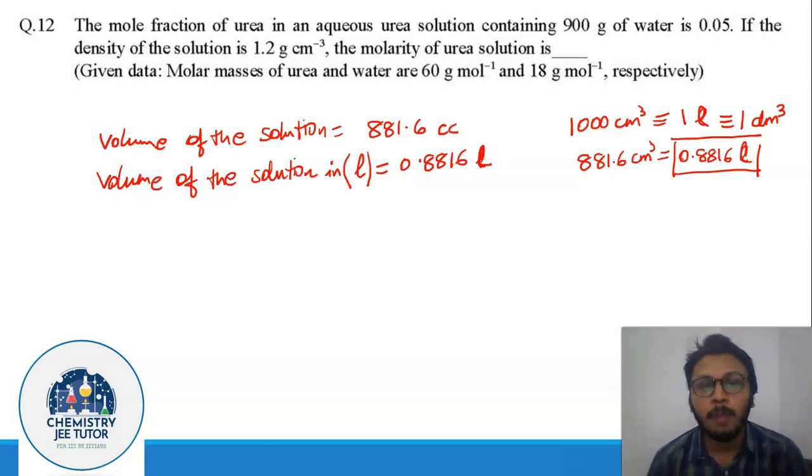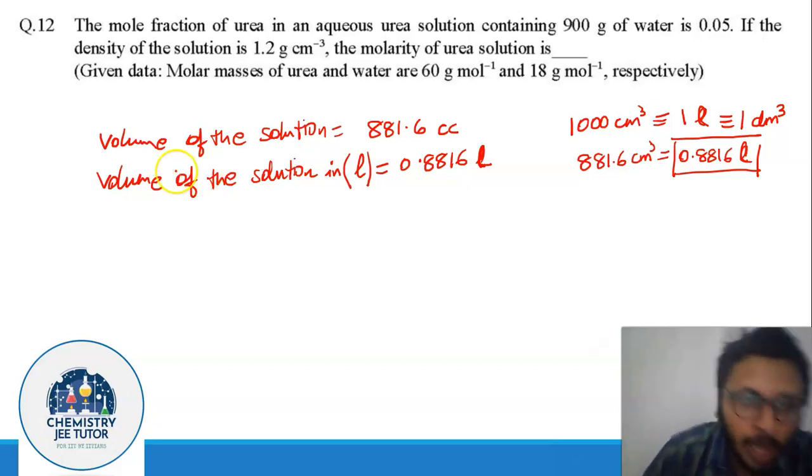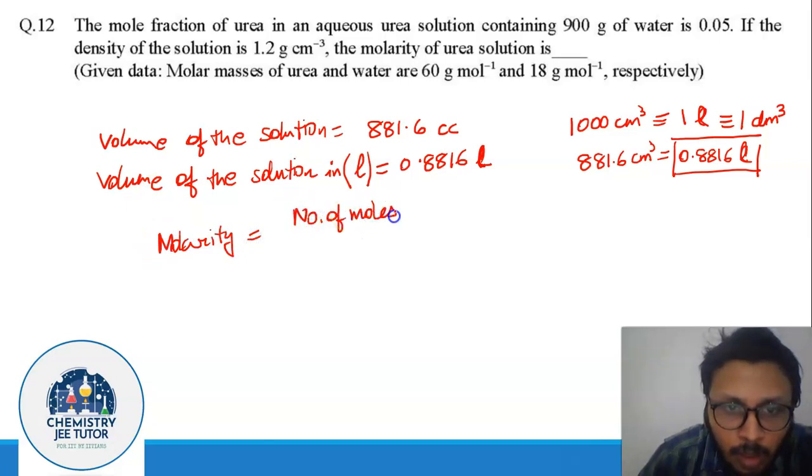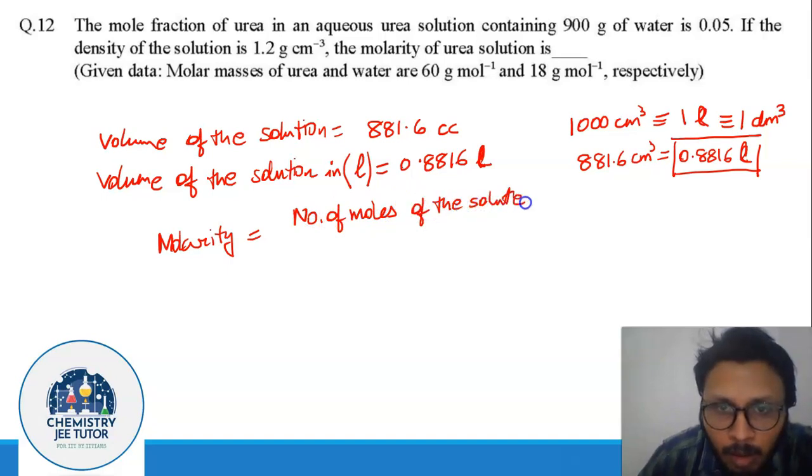So we have the number of moles of solute, and we have the volume of the solution. What else is stopping us from calculating the molarity? So what is molarity? It is the number of moles of the solute by the volume of the solution.